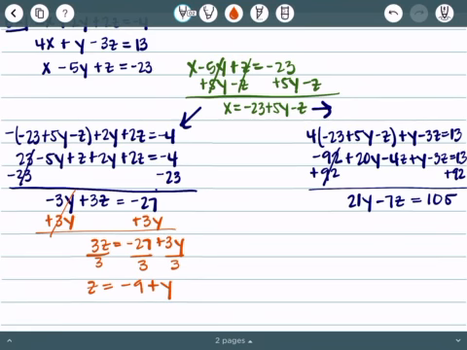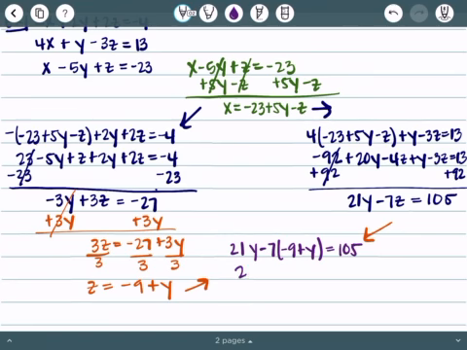And so then we're going to make our fourth corner of our diamond by combining these two equations. So I'm going to plug in my z to the equation on the right, and I'm going to have 21y minus 7 times negative 9 plus y equals 105.